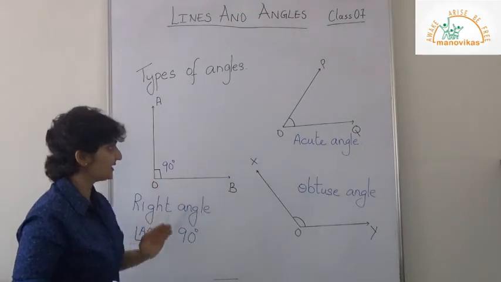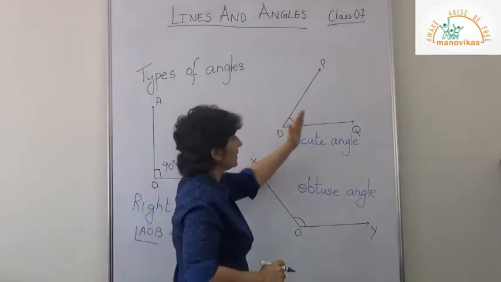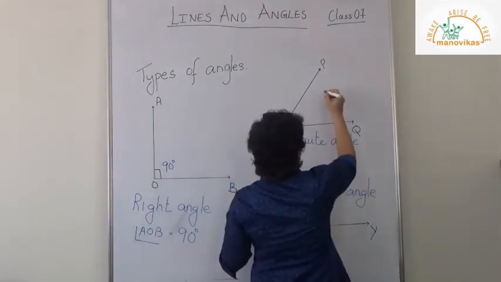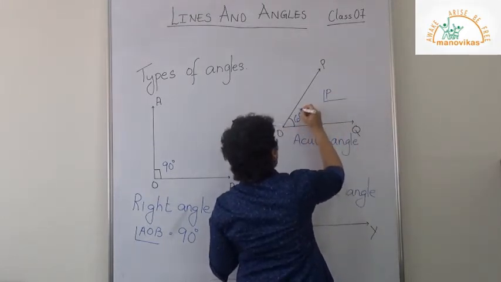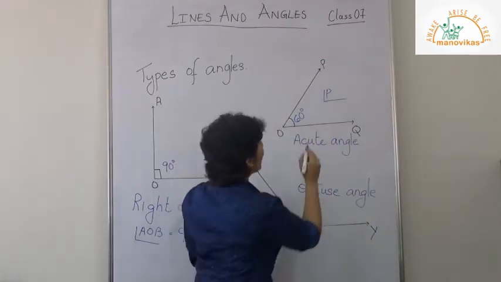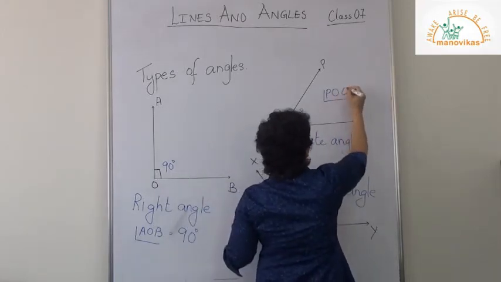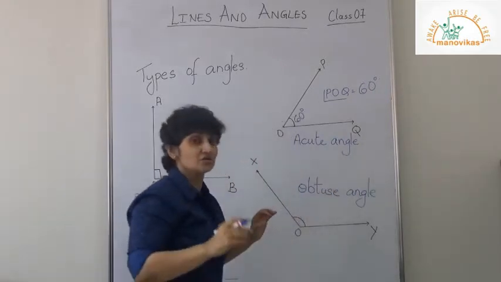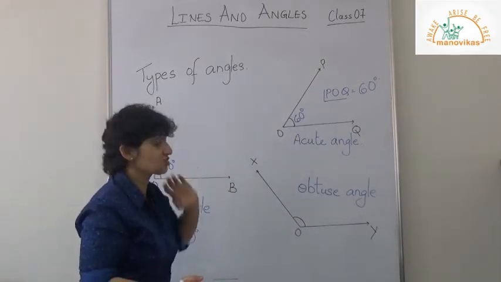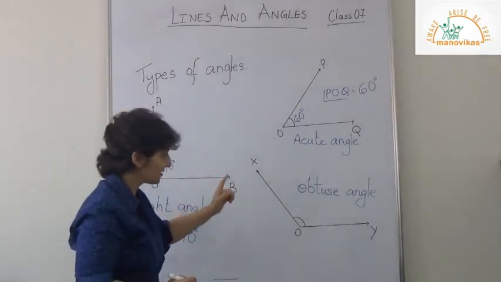This is 90, right? This is an acute angle. For example, let's say this is 60 degrees. So I can say angle POQ is 60 degrees. So it is less than 90, and it is called an acute angle.